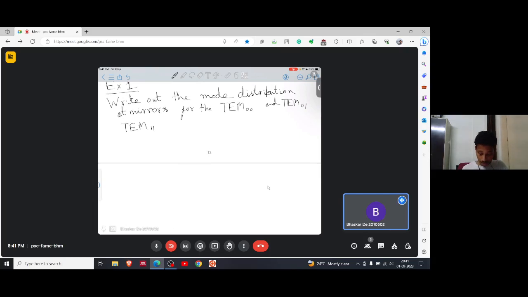So here in terms of x, y and rho, where rho is the root of x square plus y square.